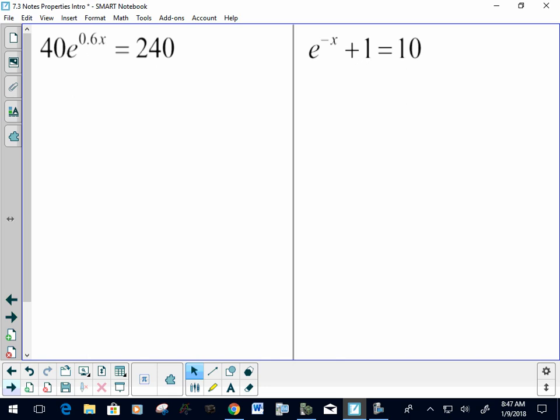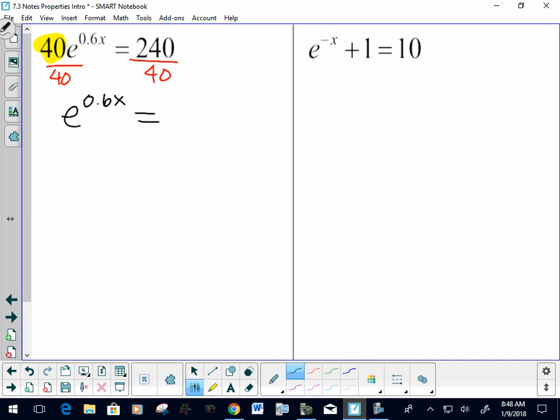So this 40 is something that we need to take care of first. It is a coefficient to the e to the power 0.6x. So we want to go ahead and divide by 40 first. So we get e to the 0.6x is equal to 6.